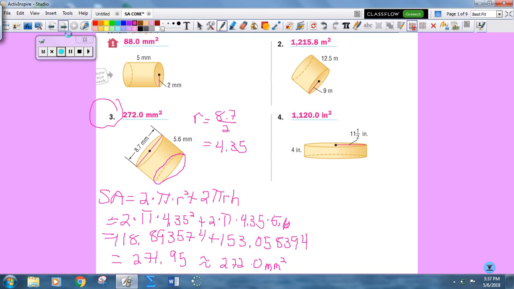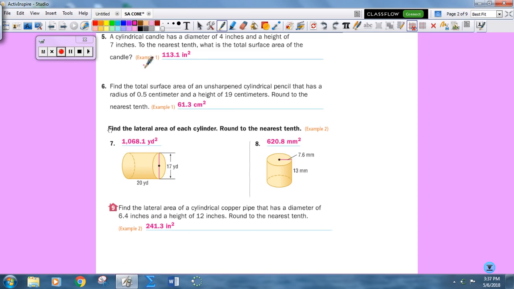Then on to our next answers. Here's 5, 6, 7, 8, and 9. Be careful on number 5 because it tells you your diameter, so your radius is 2. And again, you're looking for the total surface area. And here again, we're just looking for the total surface area.